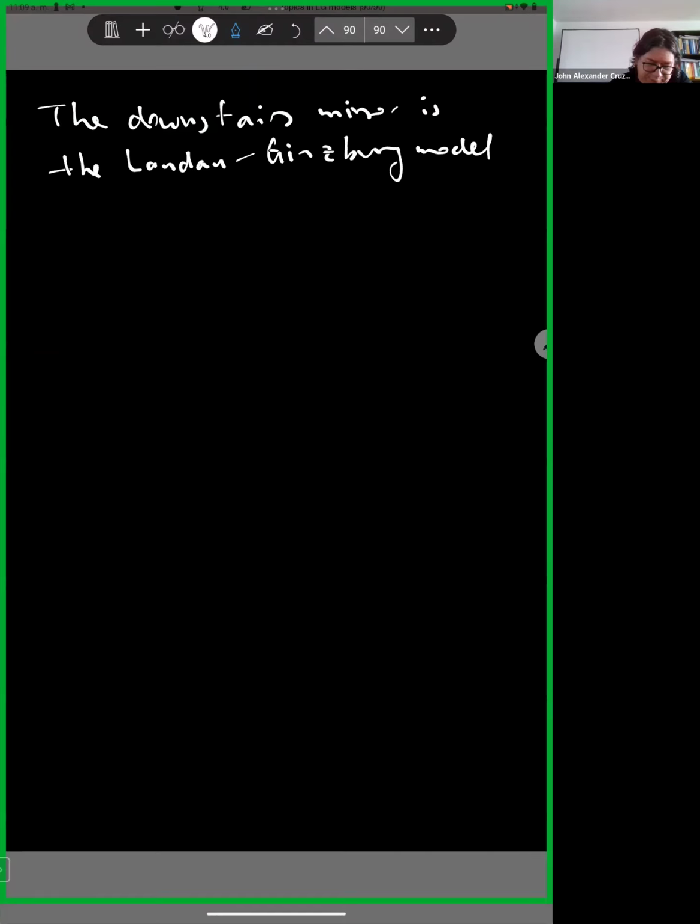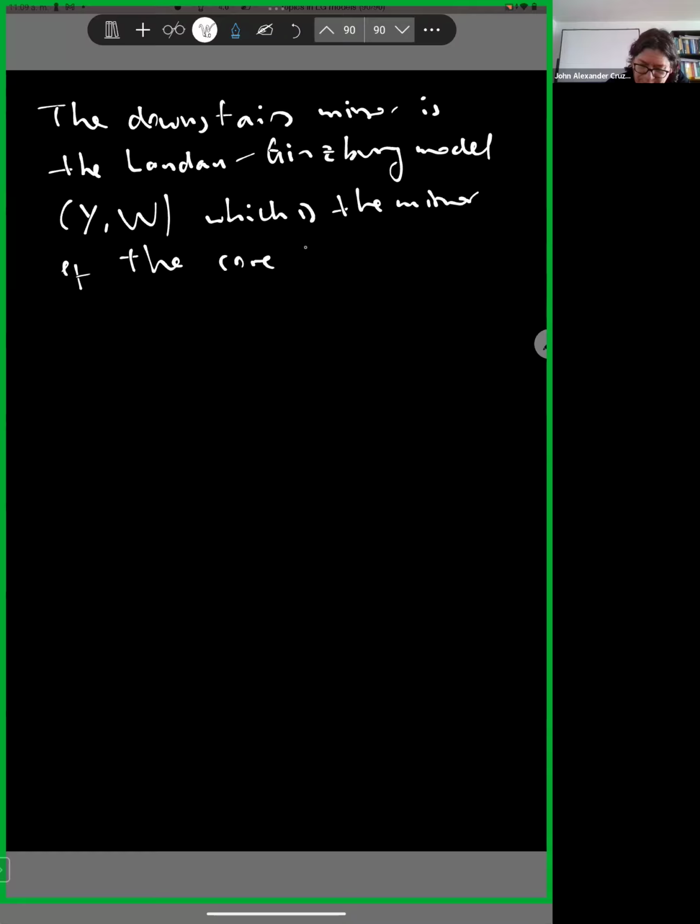So the downstairs mirror is the Landau-Ginzburg model (Y, W), which is the mirror of the curve X. Okay, that's the mirror of the curve X.